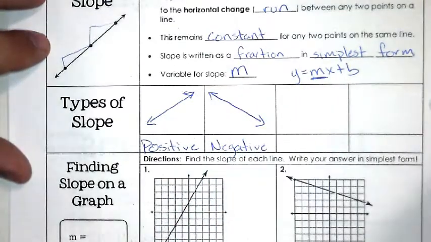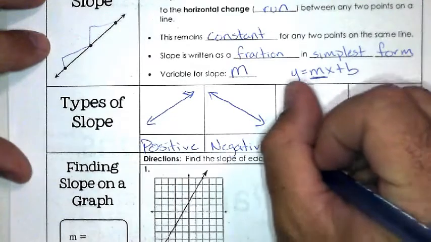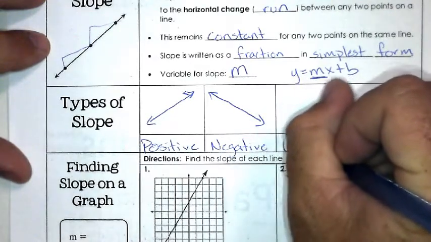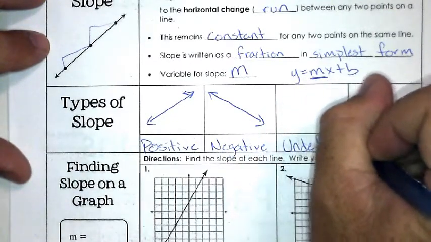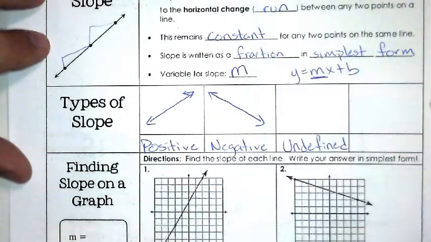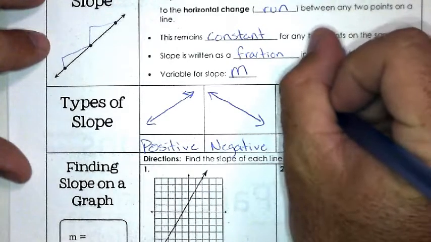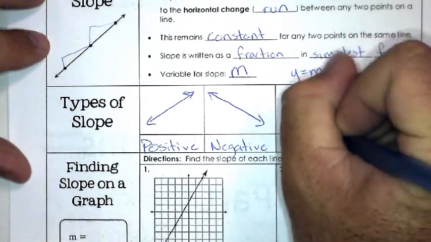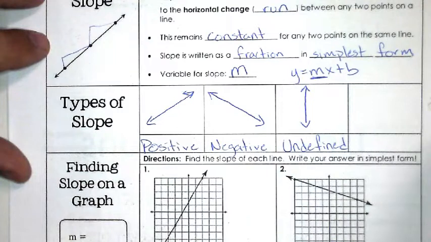Okay, checkers, what was the other one you just said? Undefined. Okay? Now, an undefined slope means I have on my graph a line that is straight up, straight down, aka a vertical line.